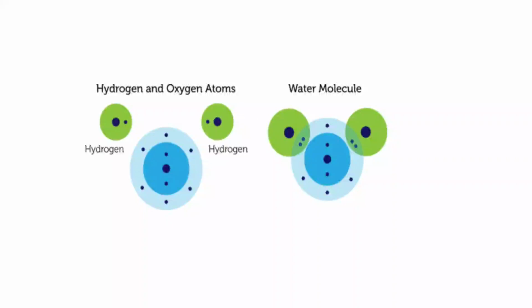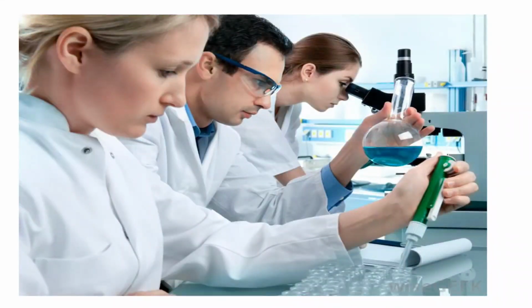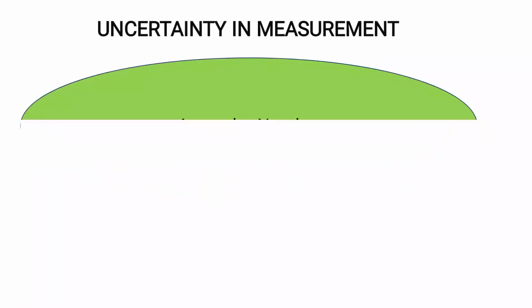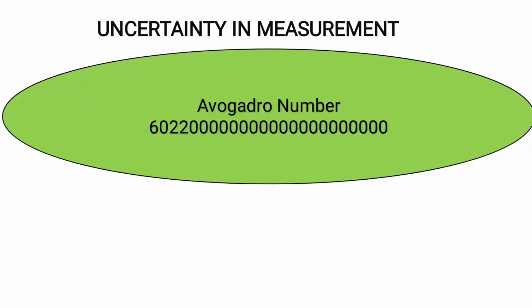Thus, chemists have to deal not only with large numbers of atoms and molecules but also with calculations containing large numbers. For example, let us consider Avogadro number. We know that this Avogadro number is such a big number which possesses 20 zeros after 6022.